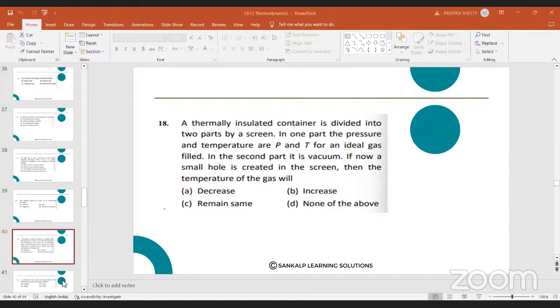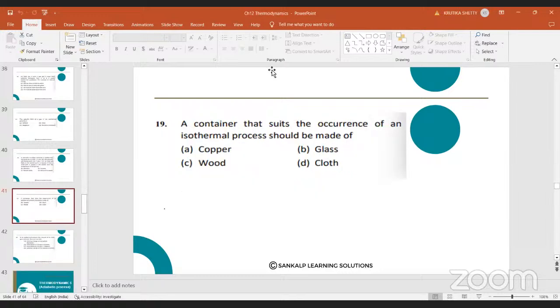Next question. A container that suits the occurrence of an isothermal process should be made of copper, glass, wood, or cloth. Yes, it is copper.